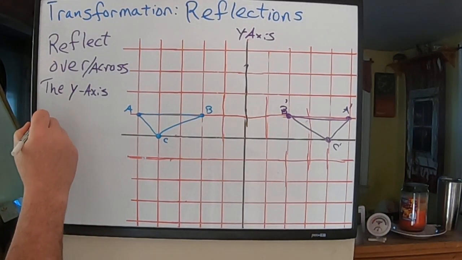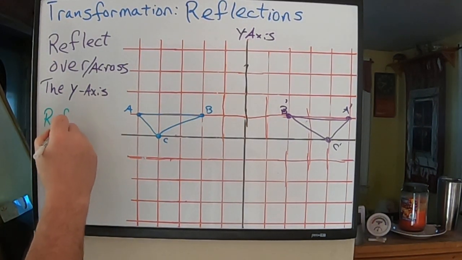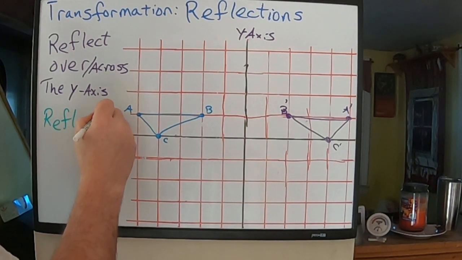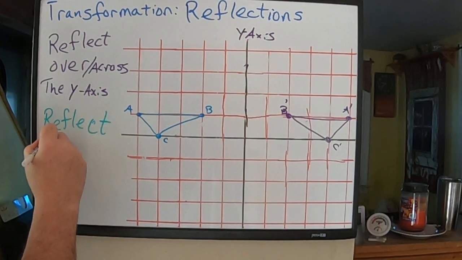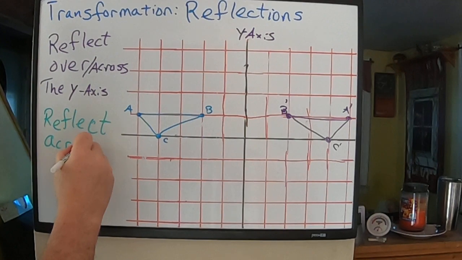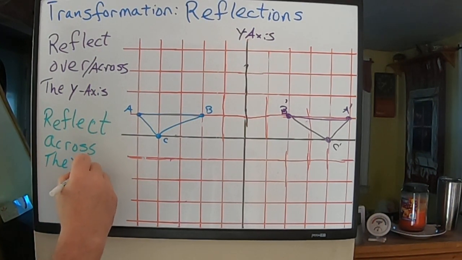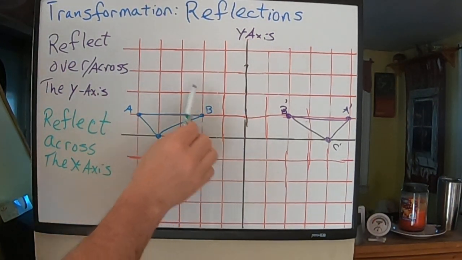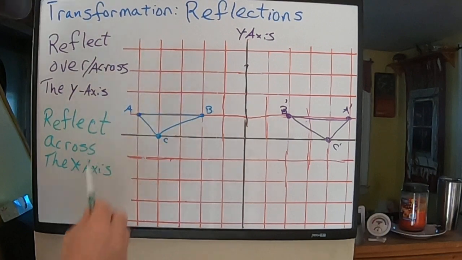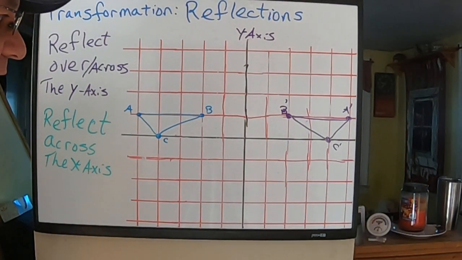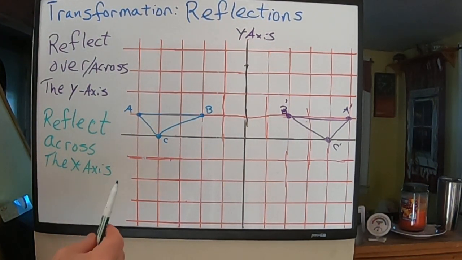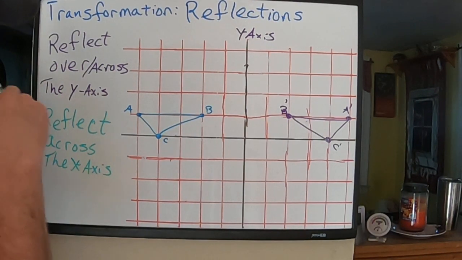Now I want to show you a reflection across the x-axis. Okay, if I took this same original shape, and I'm going to use double prime instead, I'm going to use green.